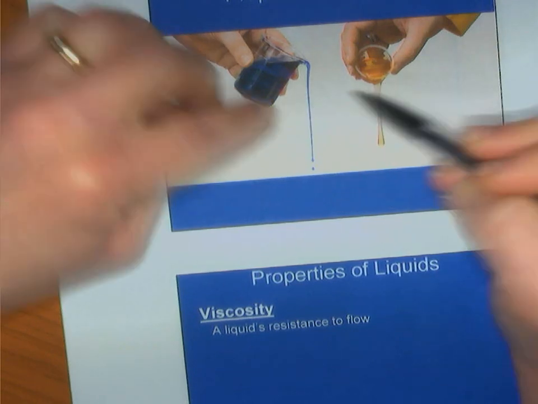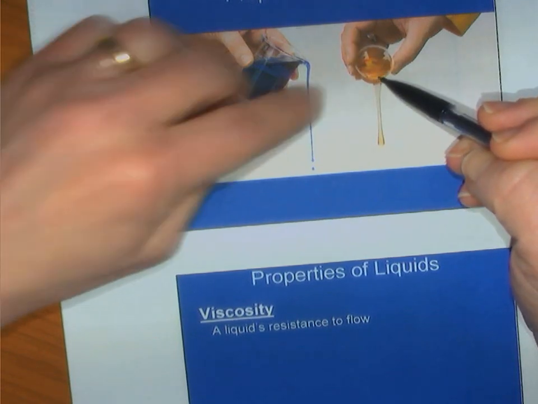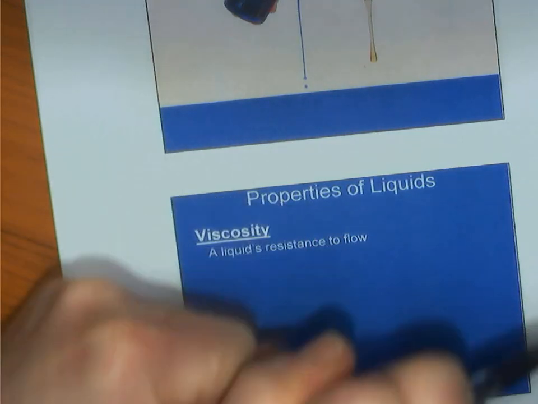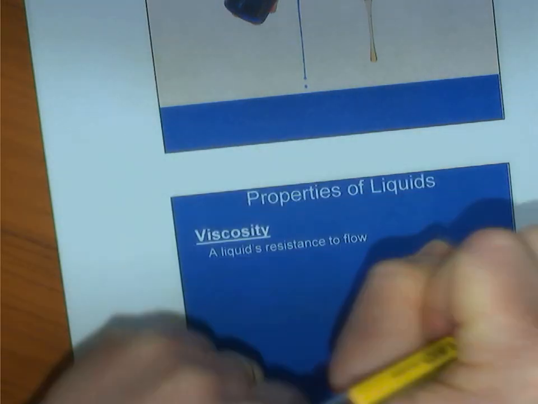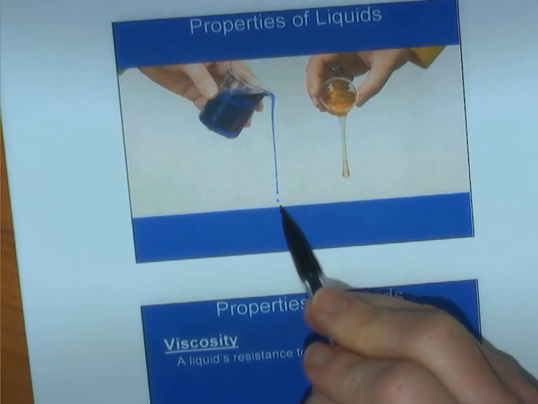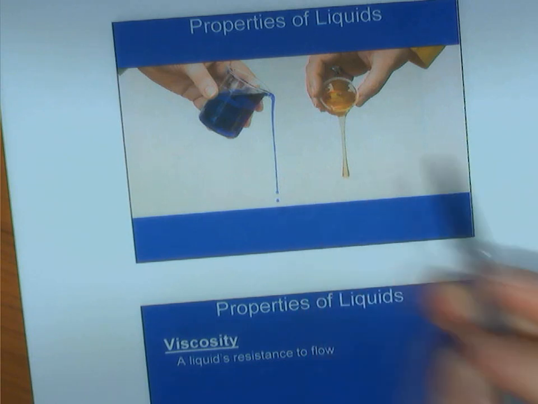Now they wouldn't be a liquid unless there was particle attraction, but if this is pouring more slowly, it's of greater viscosity. The particles are resisting exchanging places because they're so attracted to each other. So we usually talk about viscosity when we're comparing liquids.